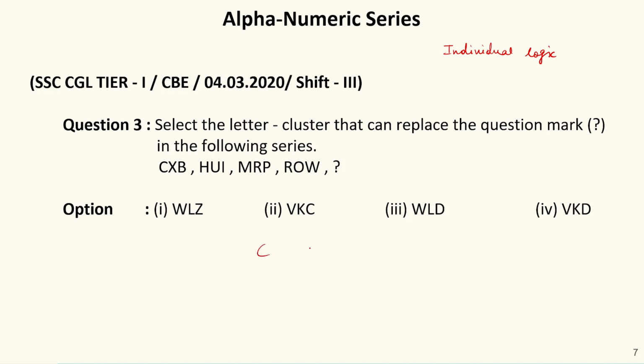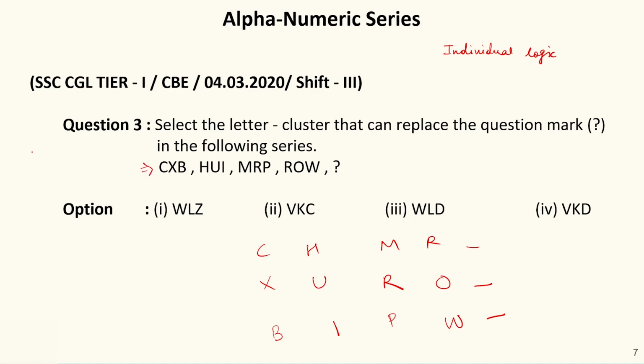So one series is C, H, M, R, and then we have to find out. Then one series is X, U, R, O, then we have to find out. And the next series is B, I, P, W, and then we have to find out.